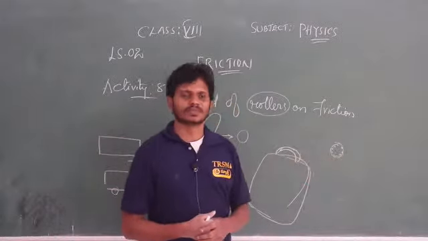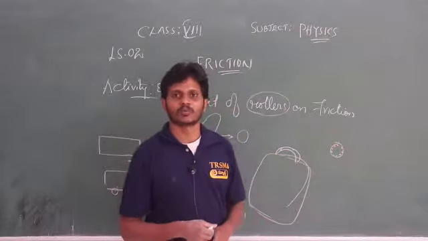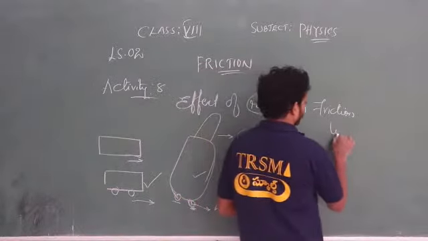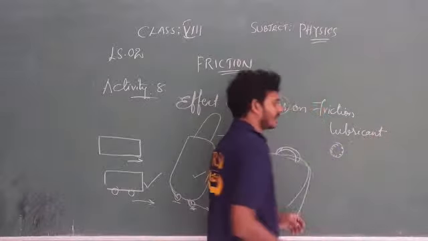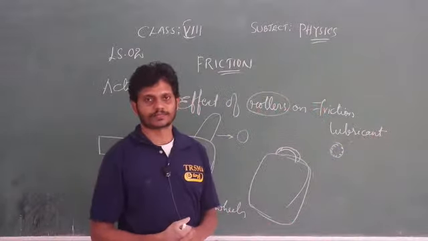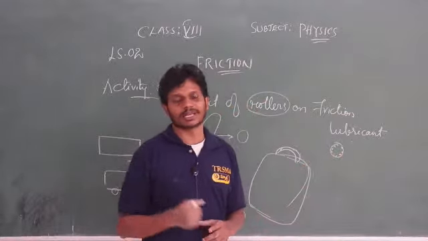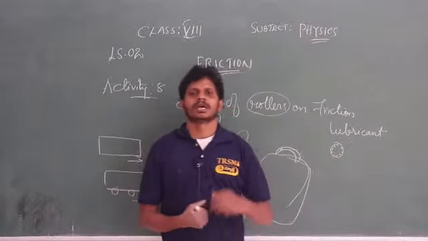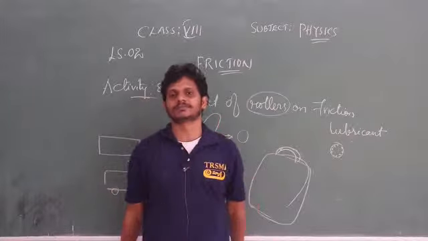What happens here is, this grease acts as a lubricant. And even the ball bearings also behave as a lubricant. What is a lubricant? A substance which decreases the friction and increases the speed.